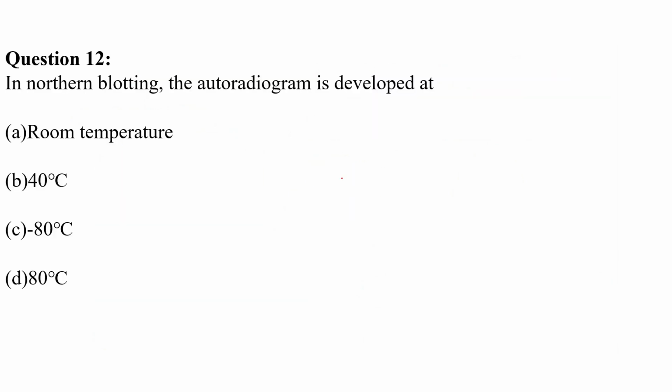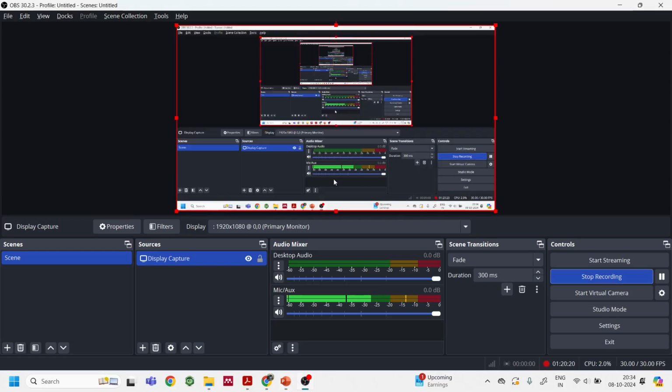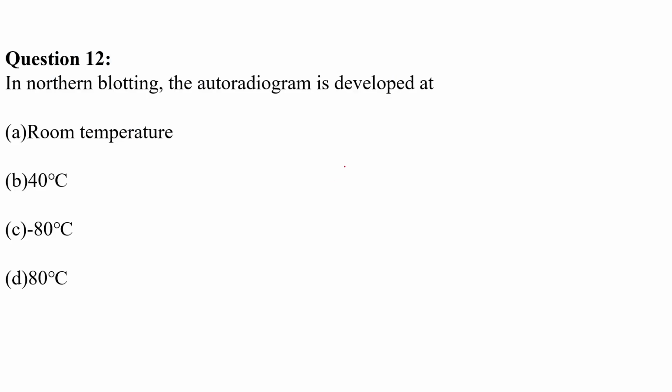I hope that's clear. Moving to the next question, question number 12. In northern blotting, the autoradiogram is developed at option A, room temperature, option B, 40 degrees Celsius, option C, minus 80 degrees Celsius, or option D, 80 degrees Celsius.